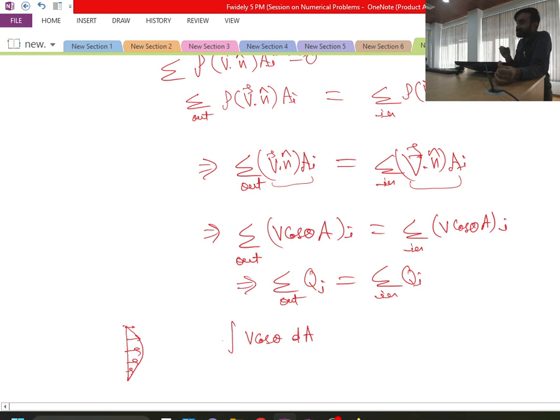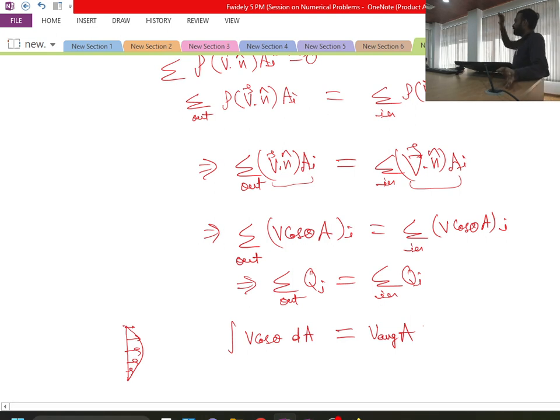Okay, and this volumetric flow rate I can also determine by writing it as, if I know some hypothetical average velocity, v average, then v average into area. This is how I can also write the volumetric flow rate.